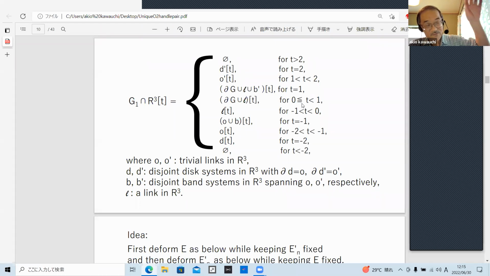Along the fourth axis the surface is just straight, except for the levels where the band and disks appear. That is the main point of the normal form.